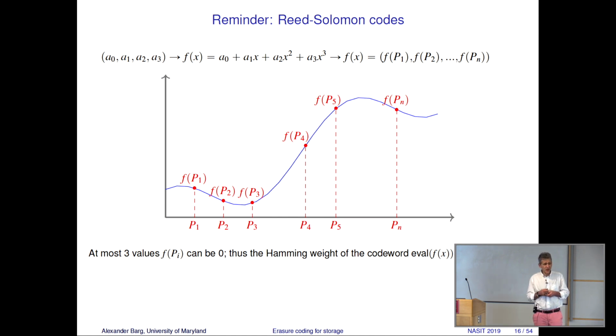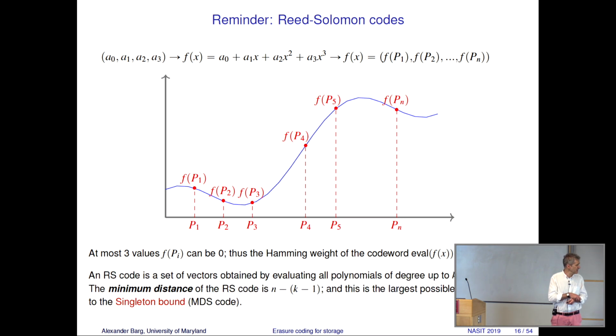Now, this is a polynomial, and as we said, it has degree 3, so it can have at most 3 zeros. So at most 3 values can be 0, so n minus 3 values are not 0. And so the minimum Hamming distance of this code is therefore n minus 3. And it is the best possible according to the singleton bound. So an RS code is a set of vectors obtained by evaluating all polynomials, because the a's can vary.